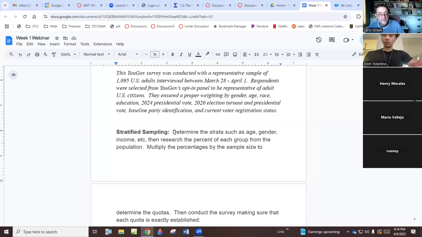Step one is you determine the strata. And the strata could be age, could be gender, it could be income. You want to determine the strata in something that you would worry that if you don't represent with that strata, then there's probably going to be bias. So you do the best.